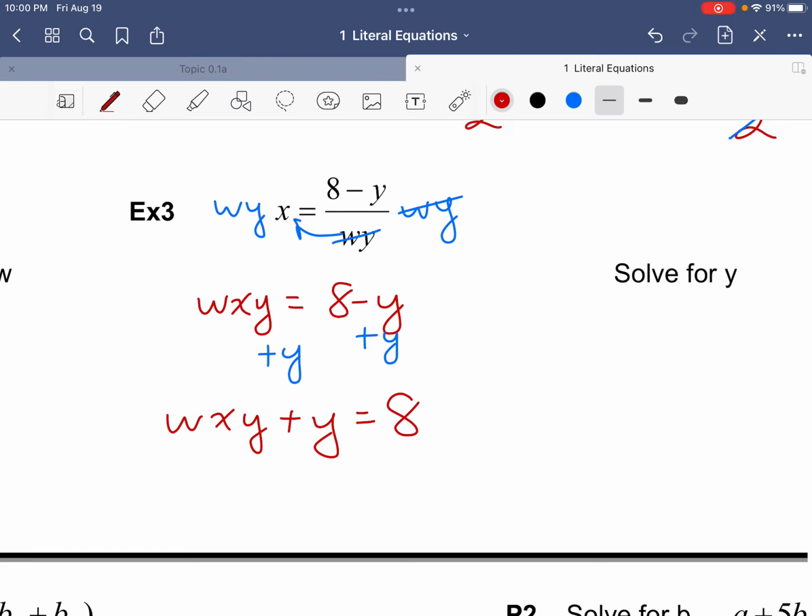Okay, well, it's factor time. How do I know it's factor time? Because the Y's are repeated, they're also together, and what I want to do is factor out the Y. Now when I factor the Y off of WXY, I'm just left with WX.